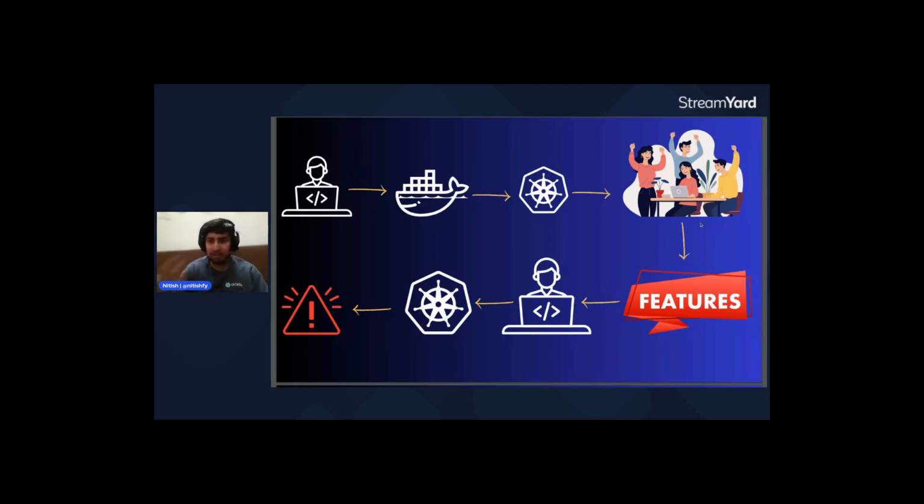But as the years go on, as a developer you try to focus mostly on writing code. You want to avoid unnecessary puzzles and hassles when you're deploying on Kubernetes. Now, I'm not saying Kubernetes is bad, but there's a pain when you try to deploy your workload on Kubernetes.